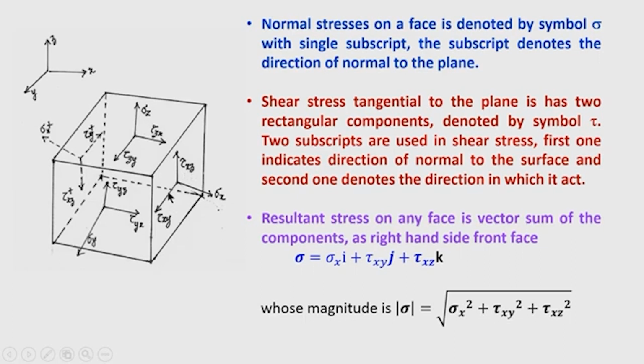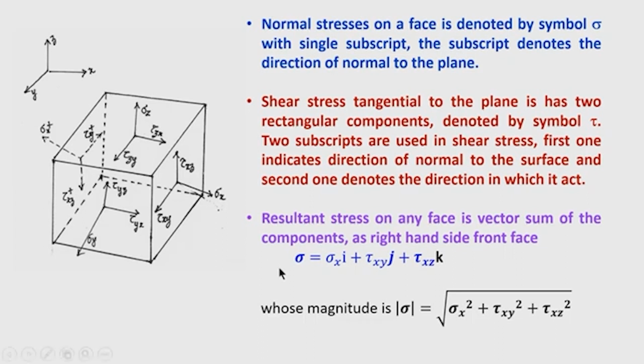Now, if I assign the unit vectors along the x, y, z axes as i, j and k, which is customary, then i, j, k are unit vectors, that means their magnitudes are 1. The direction of i is along x, the direction of j is along y, and the direction of k is along z.